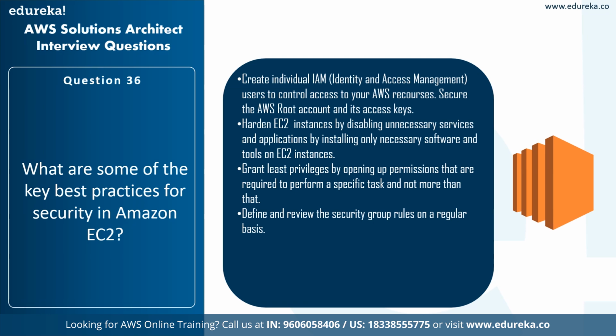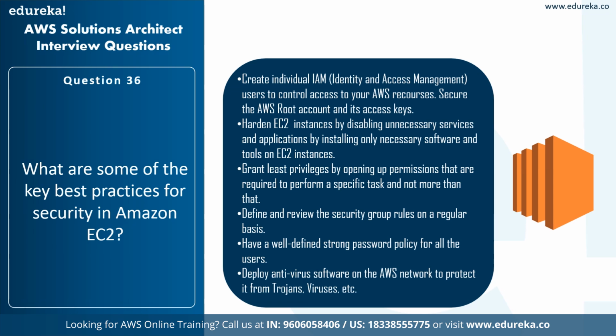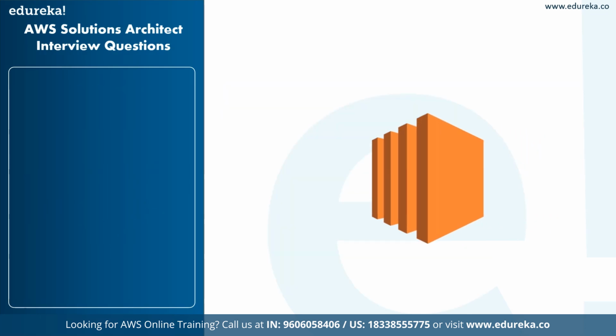You can also define and review the security group rules on a regular basis and have a well-defined, strong password policy for all the users. Finally, you can deploy antivirus software on the AWS network to protect it from Trojans, viruses, etc. So these were some of the best practices for security in Amazon EC2.